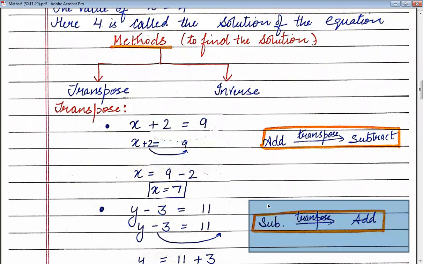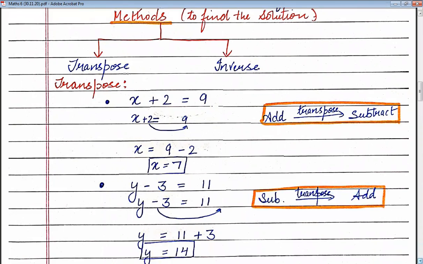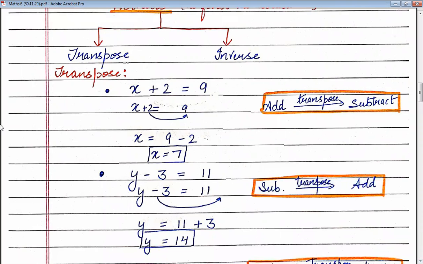If any subtracted number is there, and if you shift it to the right hand side, it will be added. You can see in this particular question that when anything was in subtraction and you have transposed it, it becomes addition.